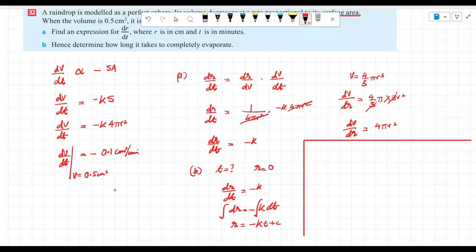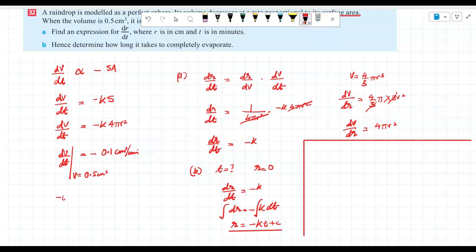How long does it take? So we have to use this expression that's there. But what is c? You need to first find out k and c. There are two things to find. So what we can do is use this initial condition. Suppose you put this in this equation, what will you get?